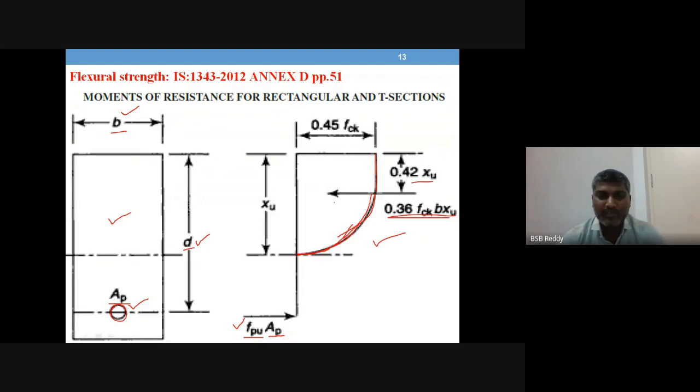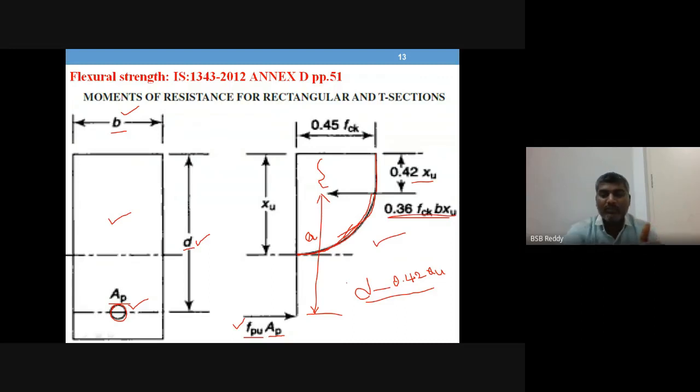The lever arm is the distance between the tensile force and the compressive force. With d as the effective depth, d minus 0.42 xu is the lever arm value.